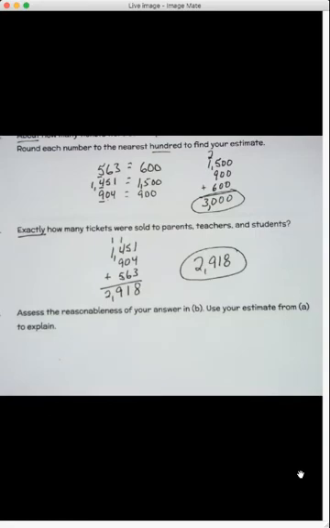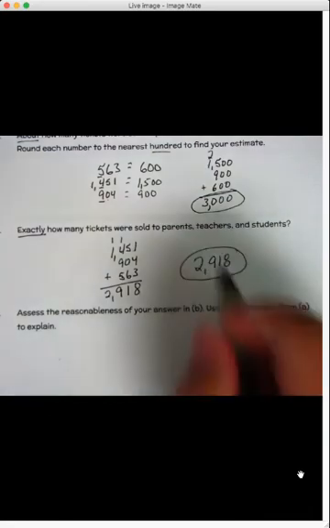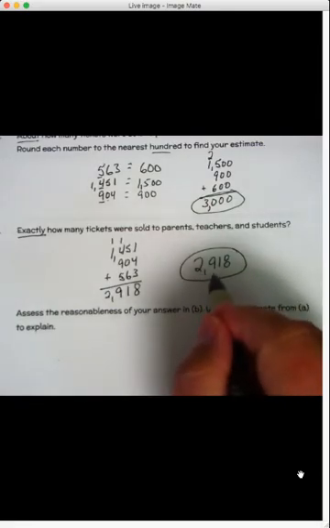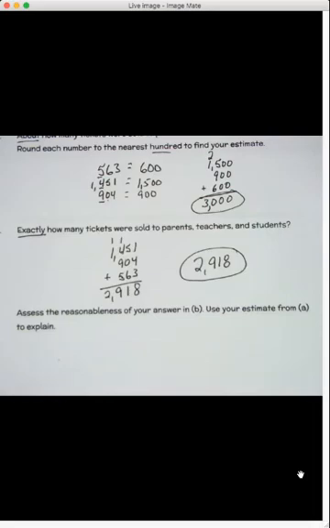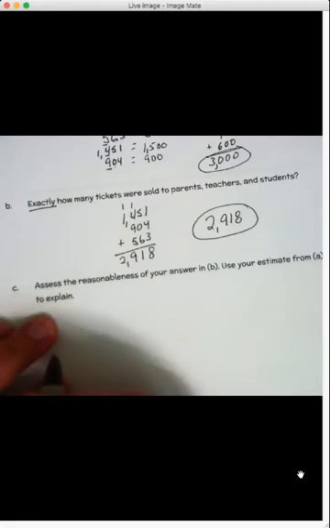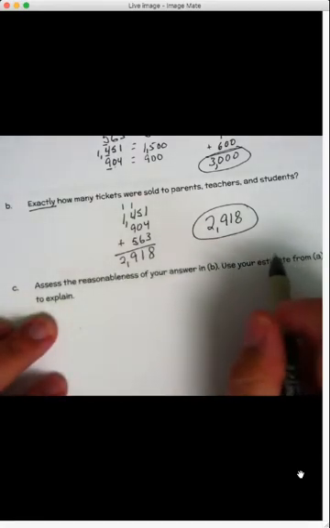We rounded not to the tens place or the ones place, but to the hundreds place. So our numbers are going to be separated a little bit more than last time, but when we're dealing with thousands, that's still pretty close. So we're going to use the estimate to explain.